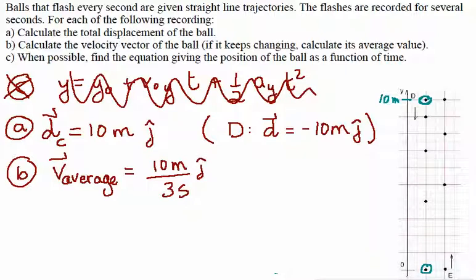Which gives us roughly a vertical velocity of 3.3 meters per second j hat. And that's all we can calculate.